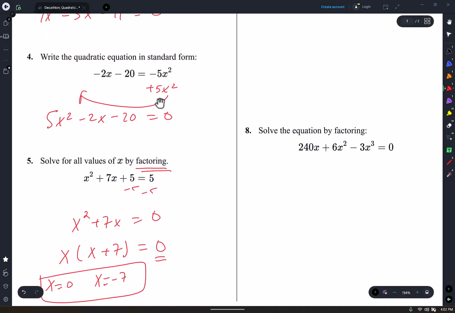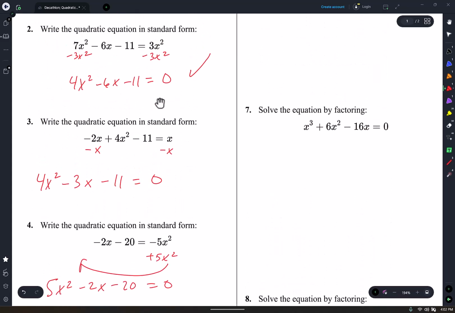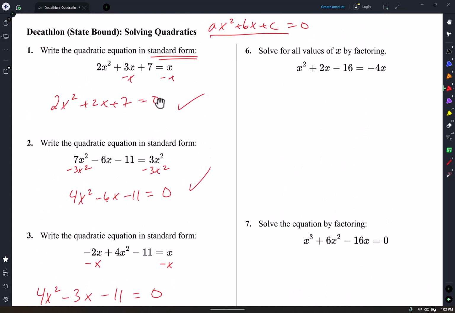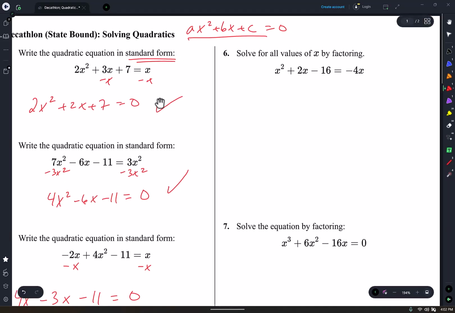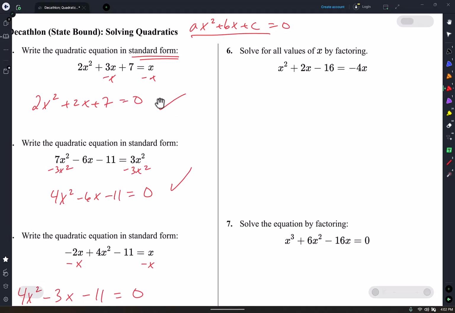Let's see if any of these questions require a calculator. So far, so good. Solve for the values of x. So here we go. I'm going to add 4x to both sides. So right now I have x squared plus 6x minus 16 equals 0. Are we still okay?